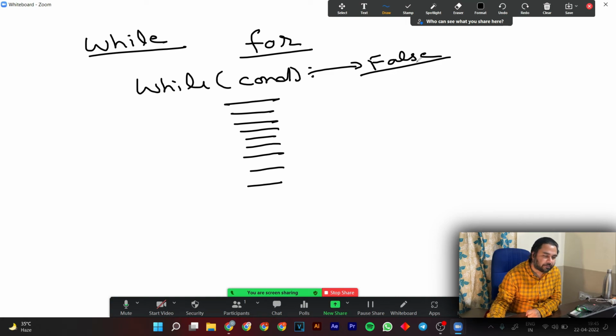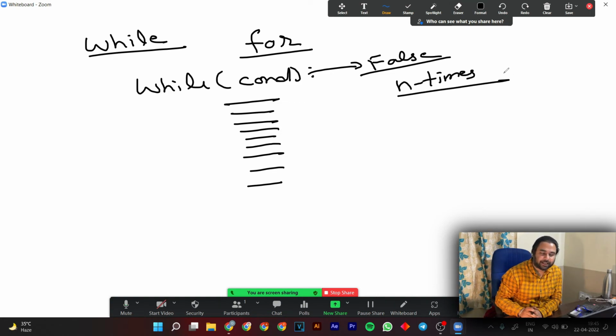So as long as it is true, the block will be executed n times, almost infinite times, until the condition is false.